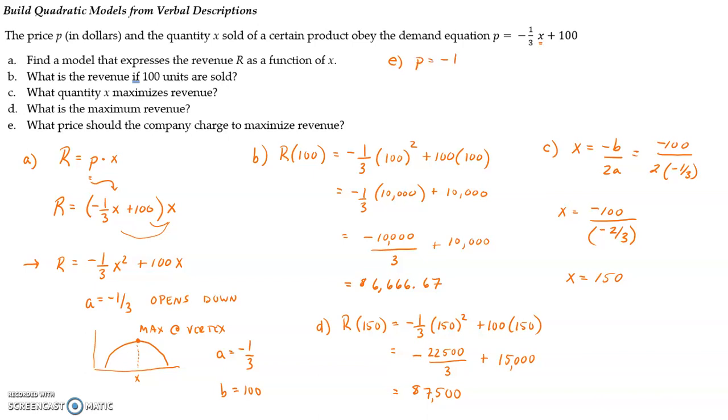So we've got negative 1/3 times 150 plus 100. This is going to give us negative 50 plus 100. So our price is going to be $50.